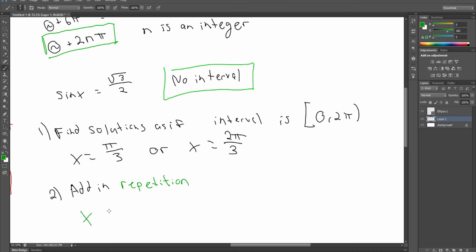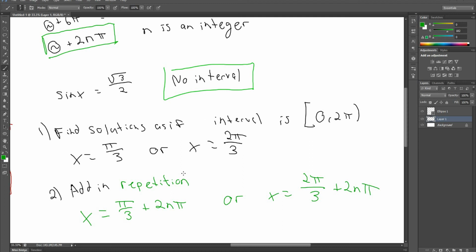So in this case, my solutions would be x is equal to pi over 3 plus 2n pi, or x is equal to 2 pi over 3 plus 2n pi. Now remember, n can be 0. 0 is an integer. So this could be 2 pi over 3 plus 0, which gives us our original solution.